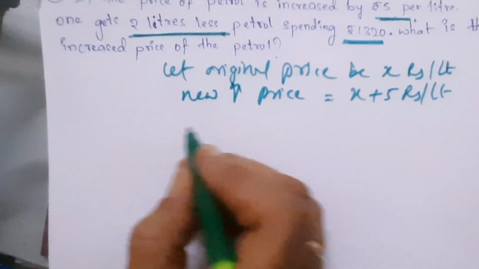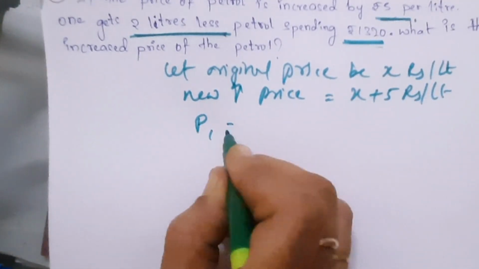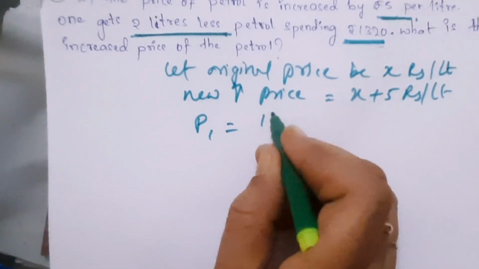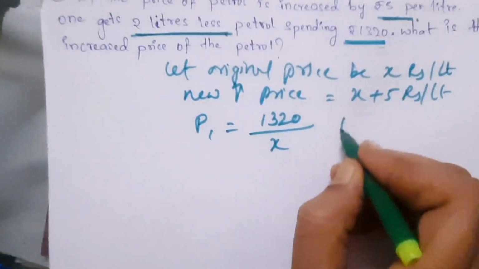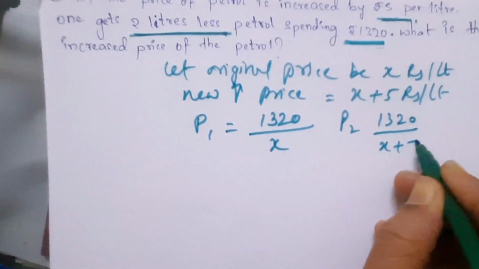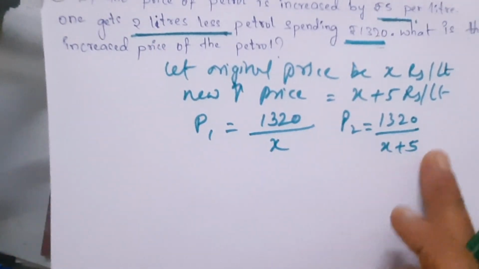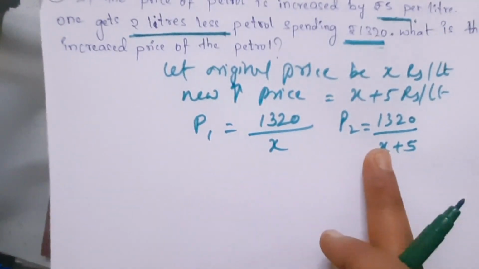Now the condition: how much he is purchasing, that is quantity 1. Quantity 1 is 1320 upon x. Quantity 2 is 1320 upon x plus 5. So here this is more, so P1 will be greater than P2.